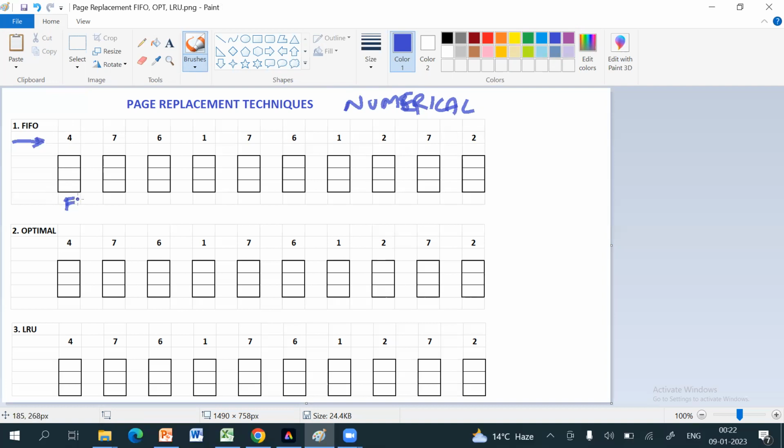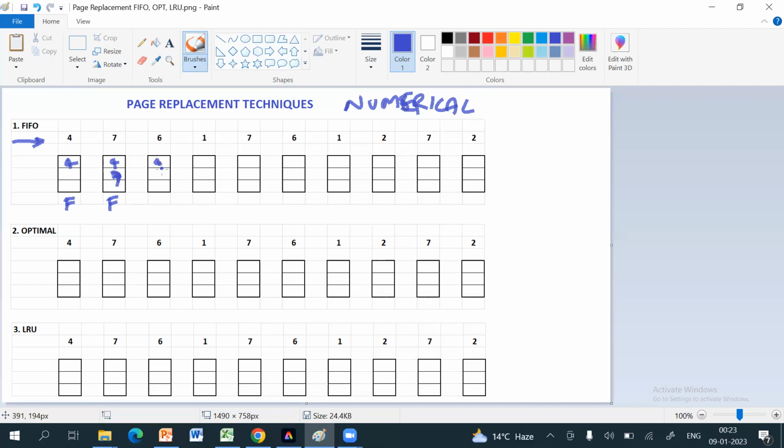Because 4 is not available, it will have to be loaded. So I'm loading 4 here. Next in line is 7. 4 is already there, but I'm looking for 7, it is not found, so it will create a page fault and load 7.